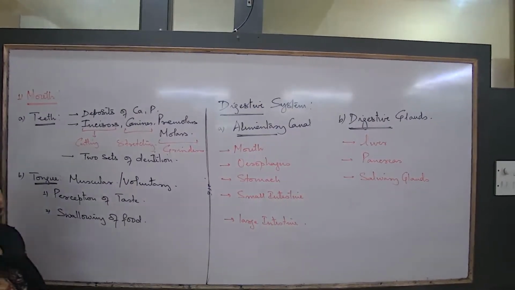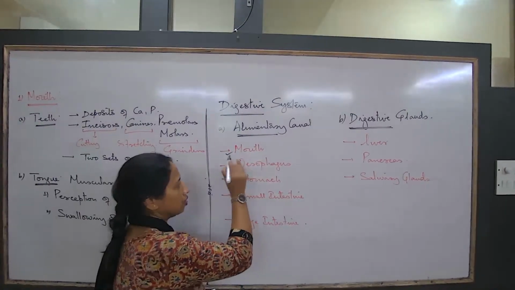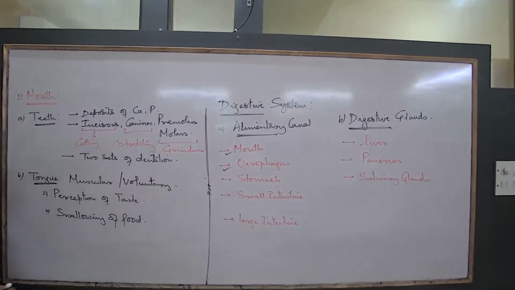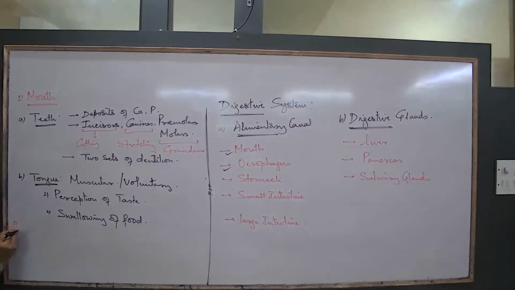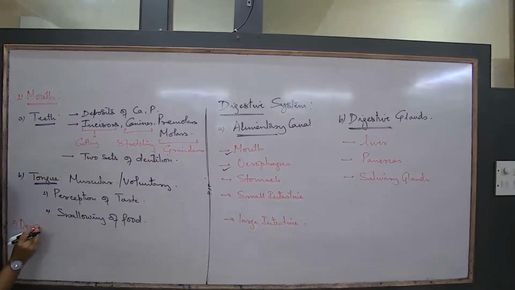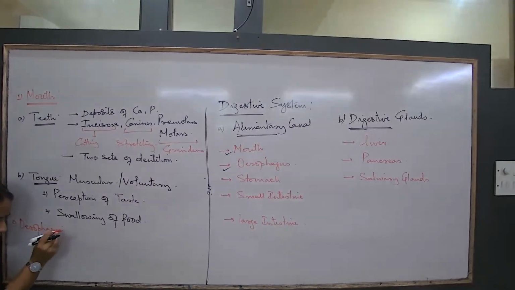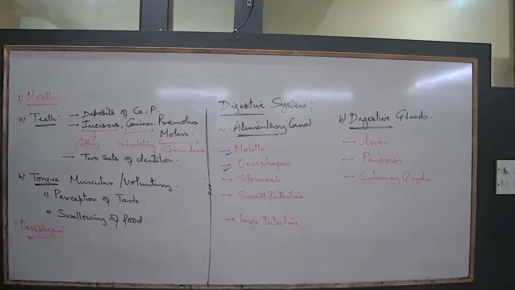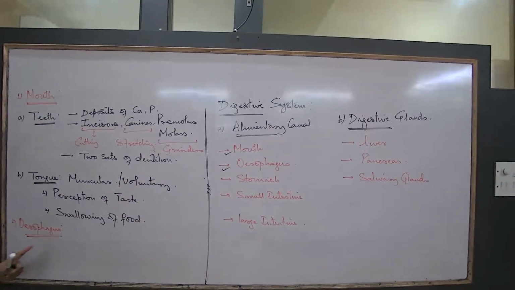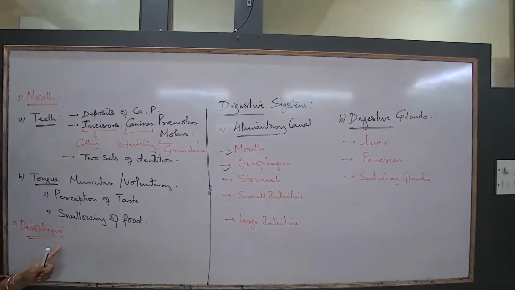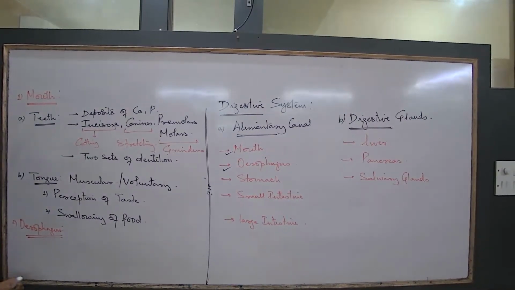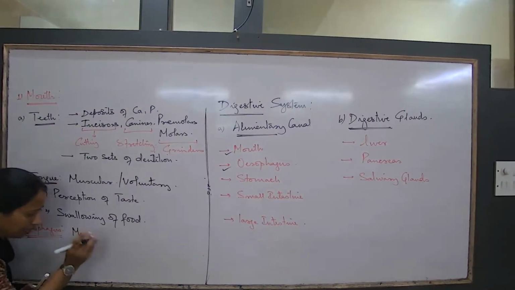What is the next part? The next part of the alimentary canal, I understand, is the esophagus. Now to talk about the esophagus, as I told you in the previous image, the esophagus is a long, narrow, tube-like structure. But what is it again made up of? Muscle.